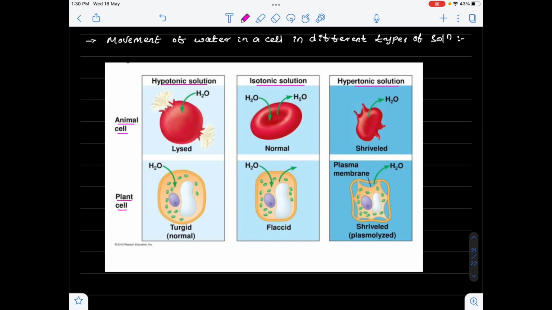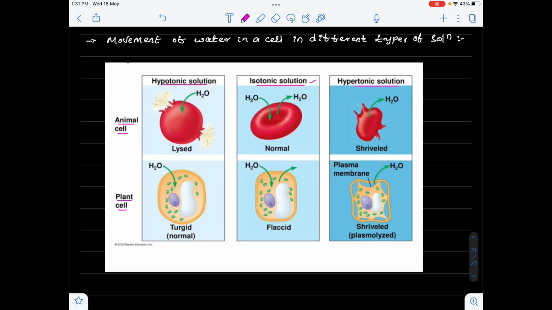In isotonic solution both solute and solvent concentration is similar to the cell cytoplasm. In hypertonic solution solute is more and solvent is less. Now let us see what happens when we place animal cells and plant cells in these three different types of solutions. How does this movement of water take place in these three different types of solutions?